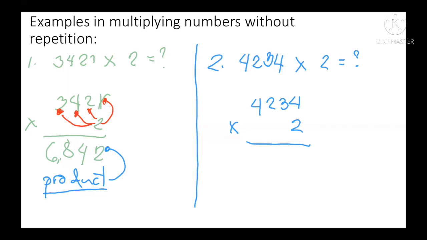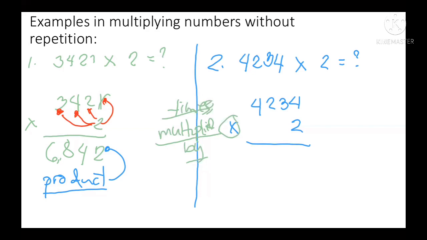We can call this one as times or multiplied by. So you can say 4,234 times 2 or 4,234 multiplied by 2. They are just the same.